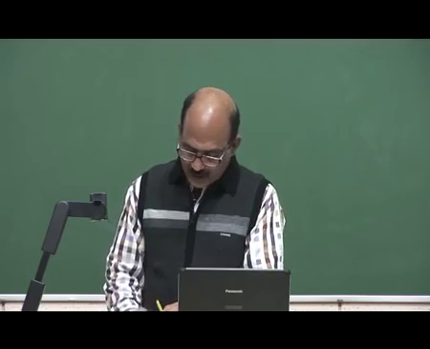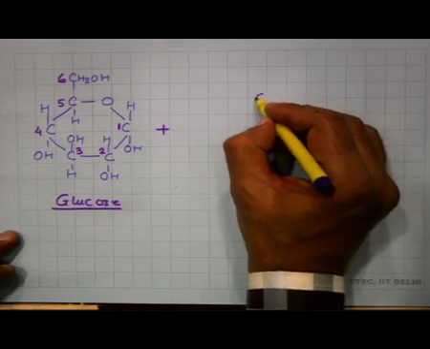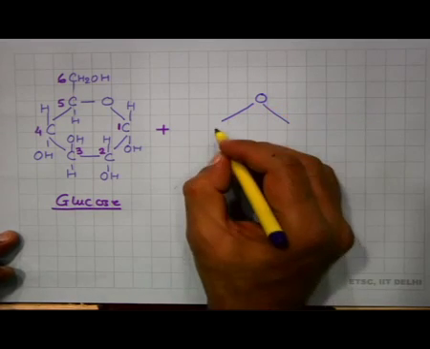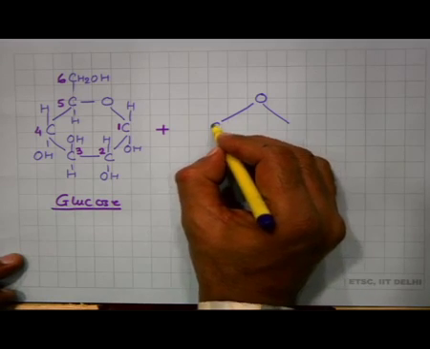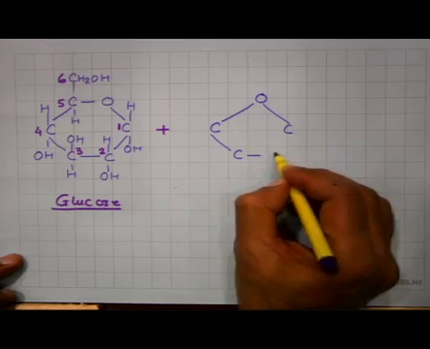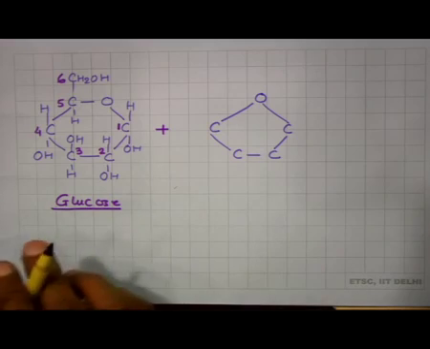Now, write the structure of fructose. Fructose is found in the furan ring, and this is a 5-atom ring. This is the furan ring skeleton.